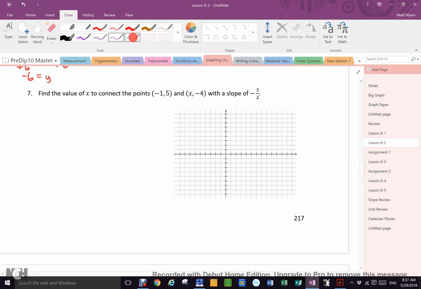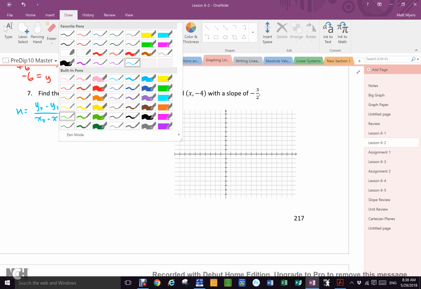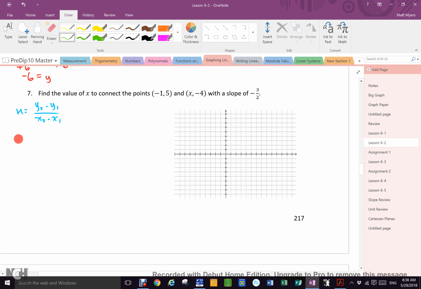Go. Where? M equals what? What does M equal? y2 minus y1 over x2 minus x1. What is M?